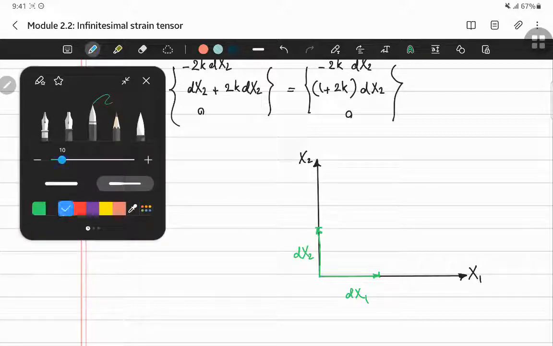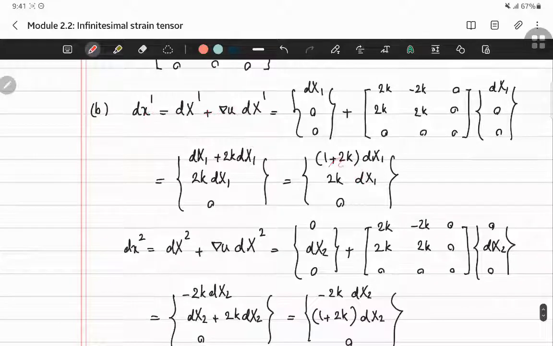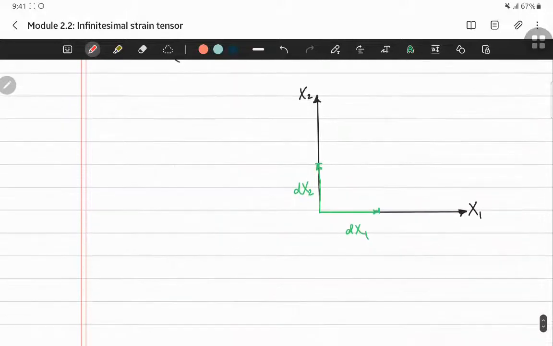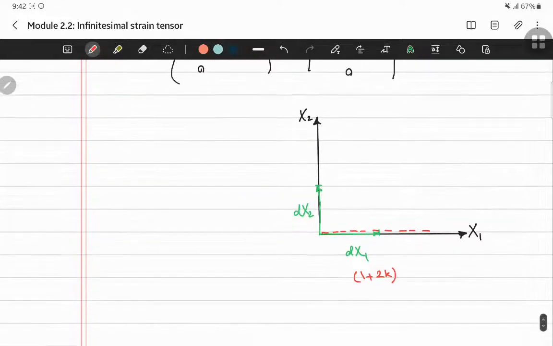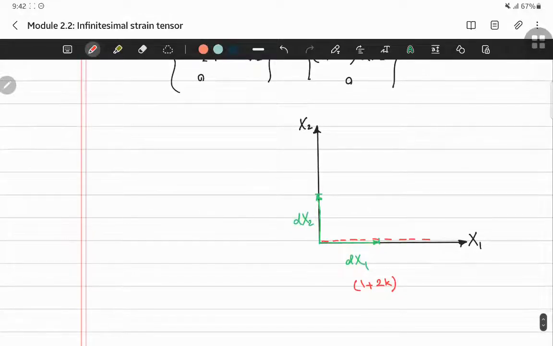And then you see that dx1 is deformed to 1 plus 2k, which is a positive value, dx1. So in x1, let's say that, for example, it becomes something like this. This is 1 plus 2k, for example. And then in x2, it is 2k. So 2k, for example, here it is 2k.